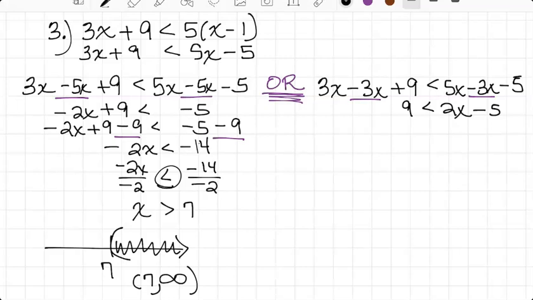Now I'm still trying to get x by itself. First, I just had to get my x's together. So now I need to move that minus 5 by adding 5. I'm going to add 5 to both sides.